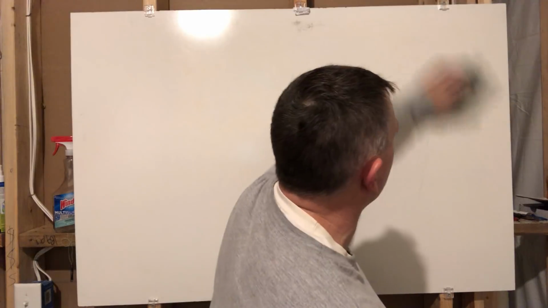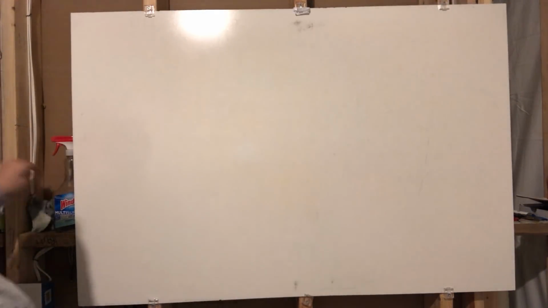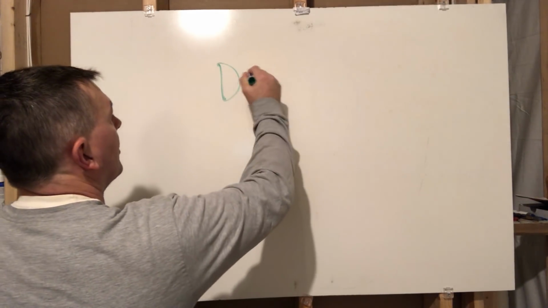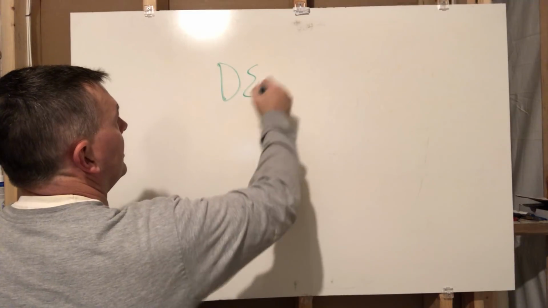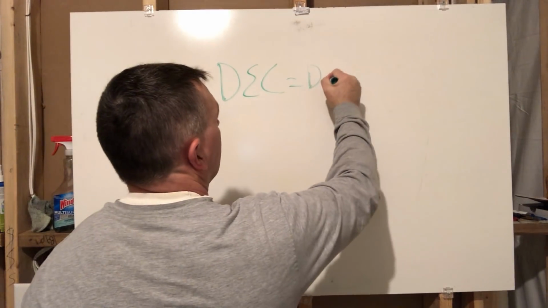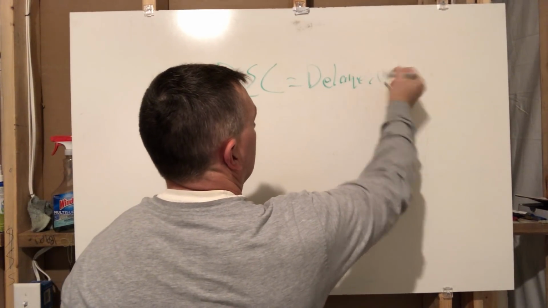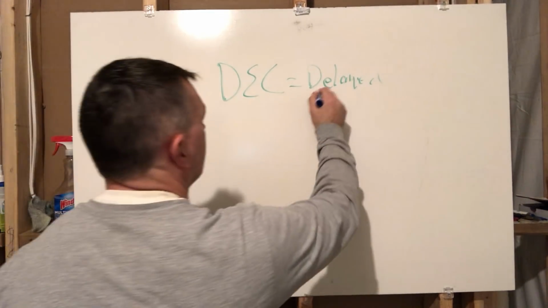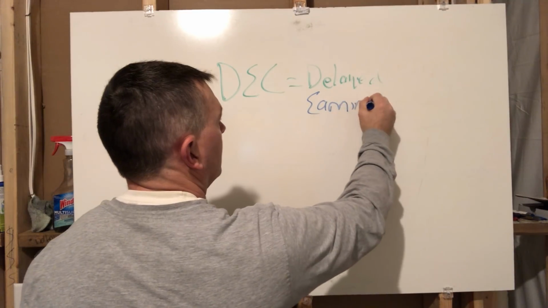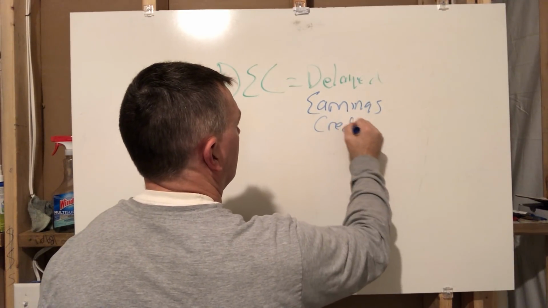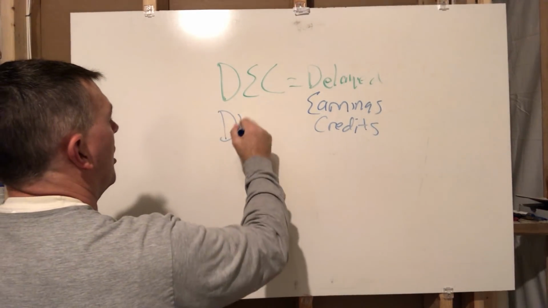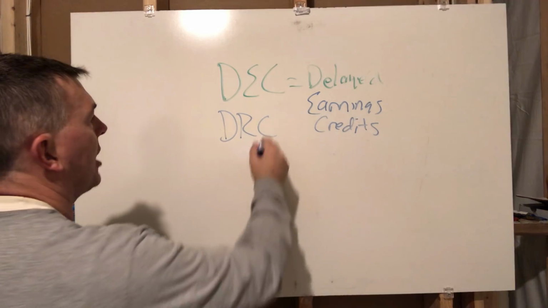Because we have also delayed earnings credits, and I call them DECs. Social Security Administration sometimes calls them DRCs, delayed retirement credits.